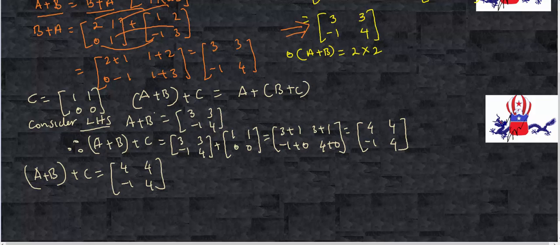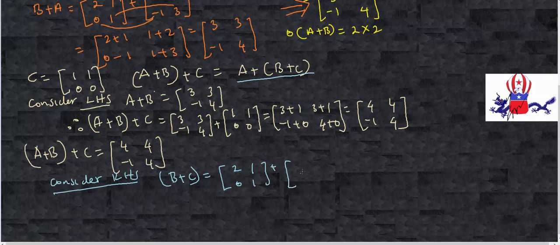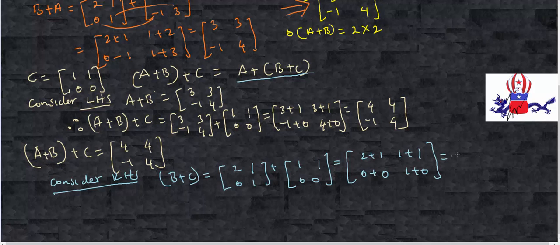Now let us continue by working on the right hand side. First we need to add B with C. Matrix B is 2, 1, 0, 1, and it has to be added with matrix C, which is 1, 1, 0, 0. When we add, we get 2 plus 1, 1 plus 1, 0 plus 0, and 1 plus 0, which gives us 3, 2, 0, and 1. Now it's time to find out what happens when we add A to this output.